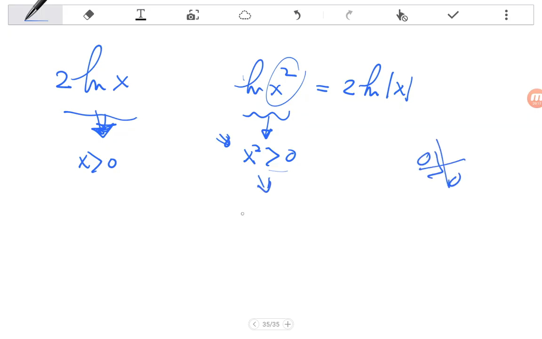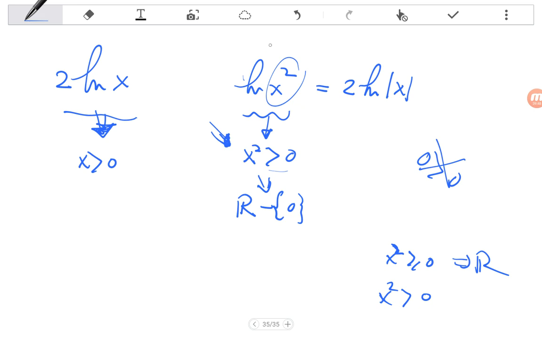So what is the domain of this function? It is just R minus the 0. If I asked you the solution of x squared greater than or equal to 0, that would be R. But if I say x squared greater than 0, I just need to exclude the value for which that side is equal to 0.